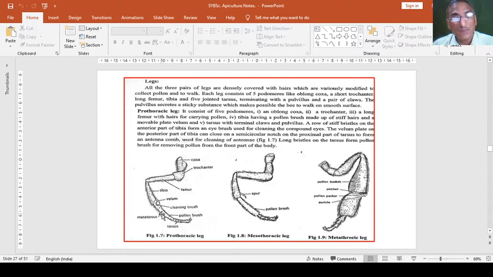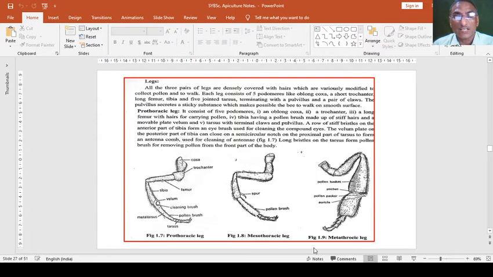This is the tibia, and the tibia has a central spur or velum or brush for cleaning the antenna. Therefore it is called an antenna cleaning organ or cleaning brush. Then the 5 jointed tarsus, and at the end a pulvillus is there. This is the pulvillus, or cushion, and a pair of claws.